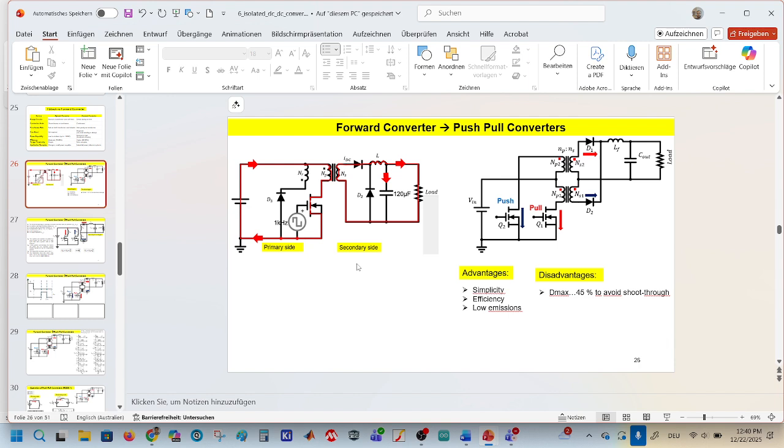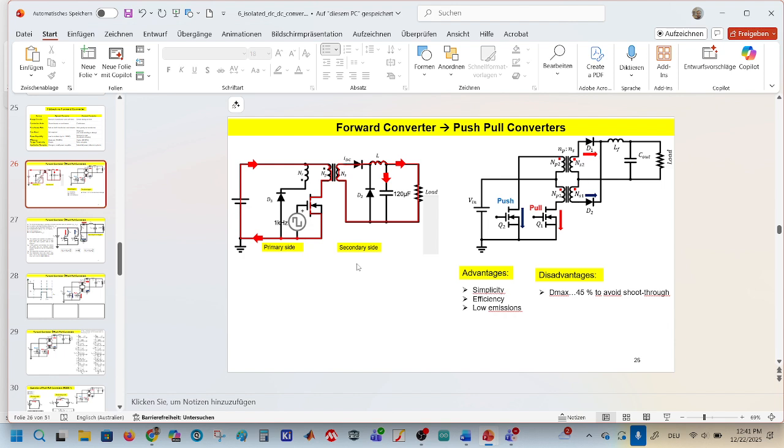In this lecture, we will discover the push-pull converter, which is again a derivation of the forward converter.